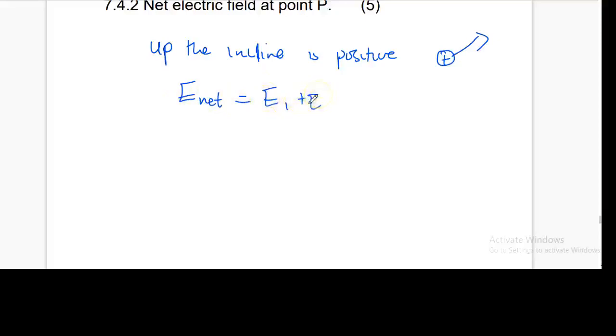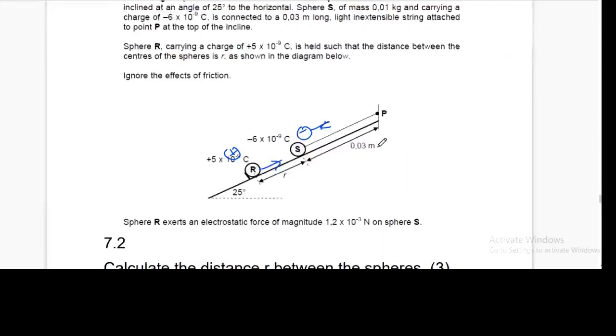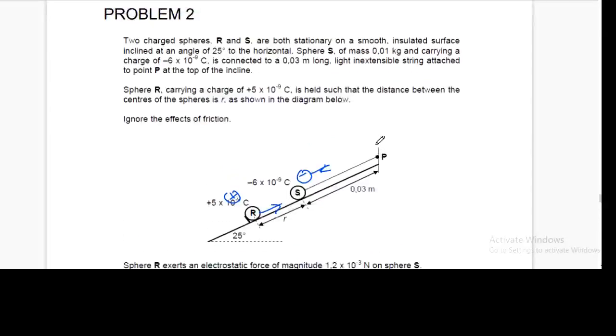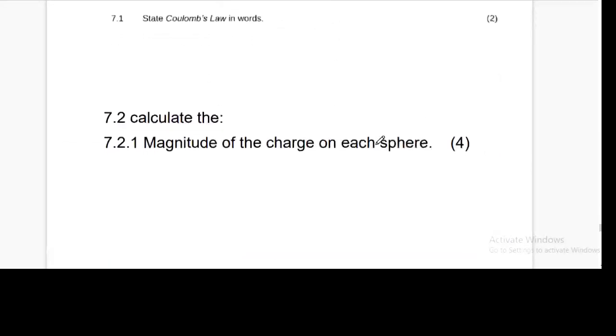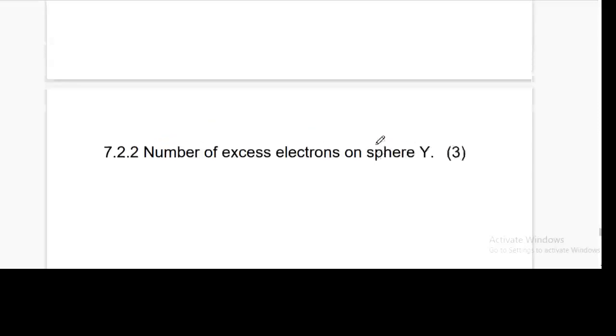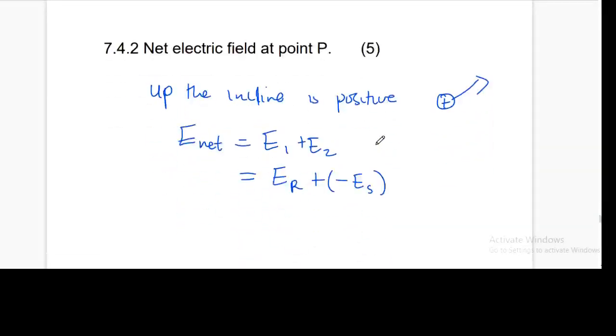This is the general equation for electric field, but now we have ER plus negative ES. Go back again and see: ES goes inwards, down, and ER goes up. So here I have ER minus ES.